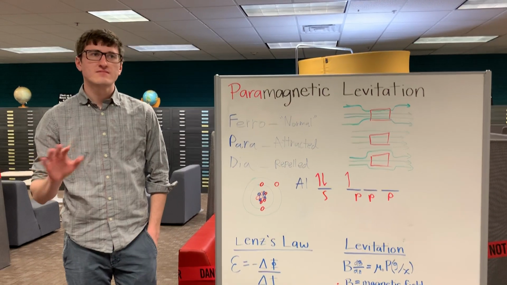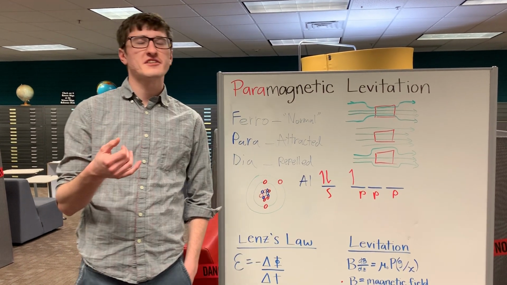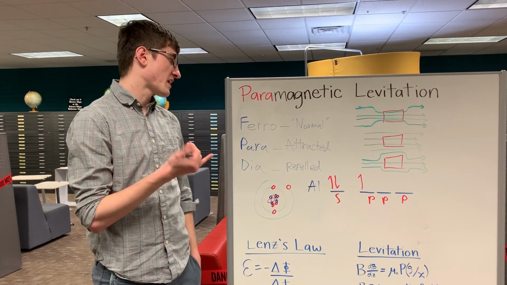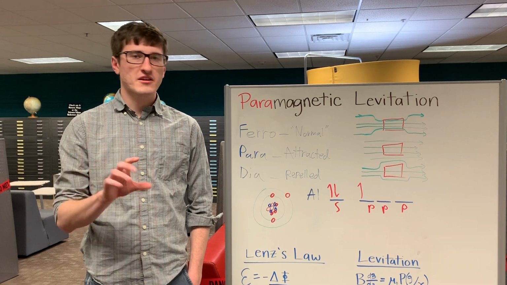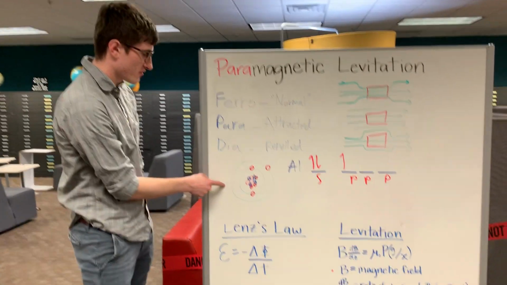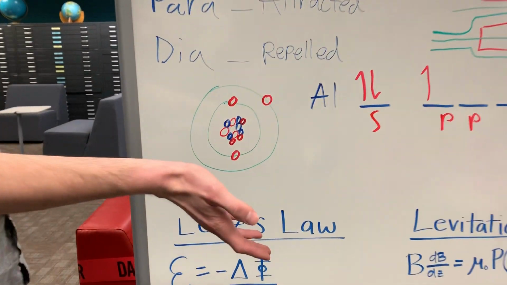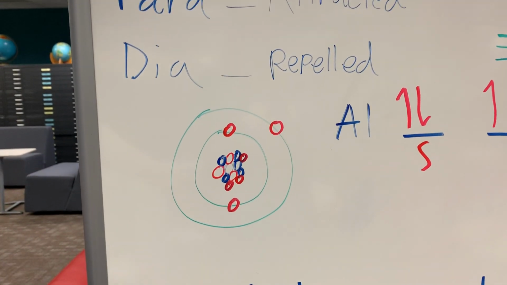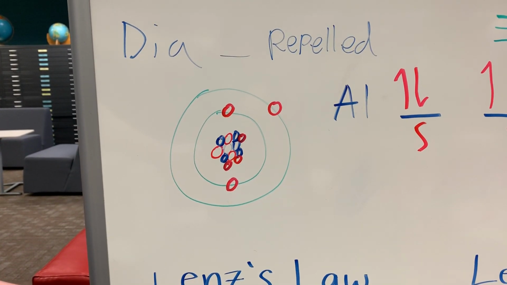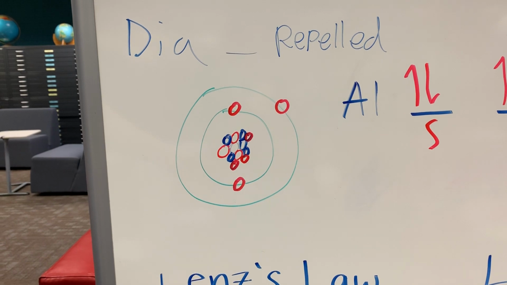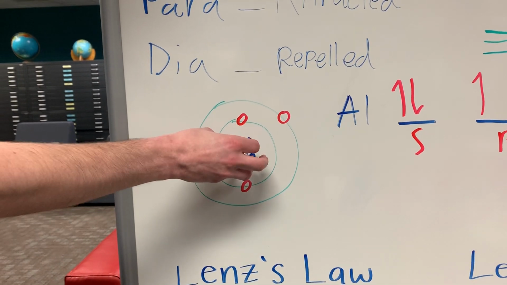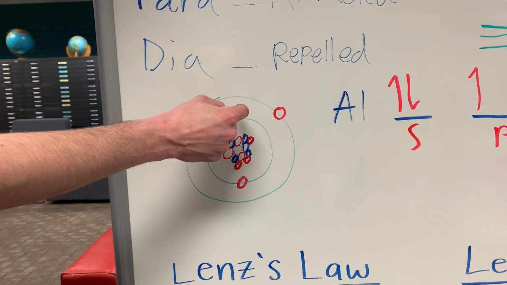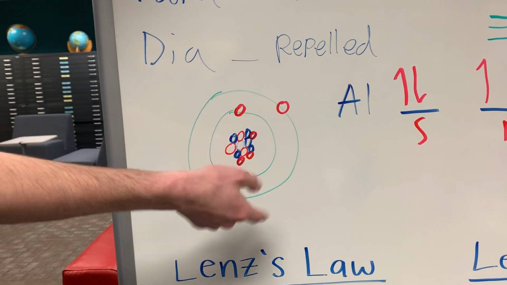The reason why materials are either paramagnetic or diamagnetic depends on their molecular structure. So if you come over here, this is just an example of an atom. It's not correct, but it's just a fake one. There's a nucleus in every atom, and then they have electrons that fly around.